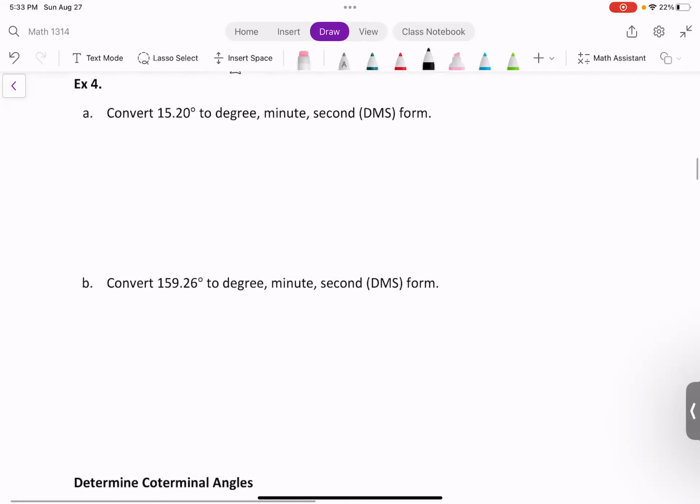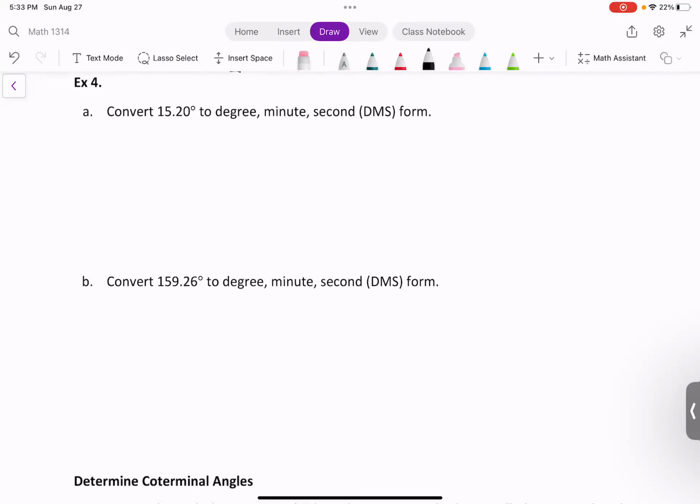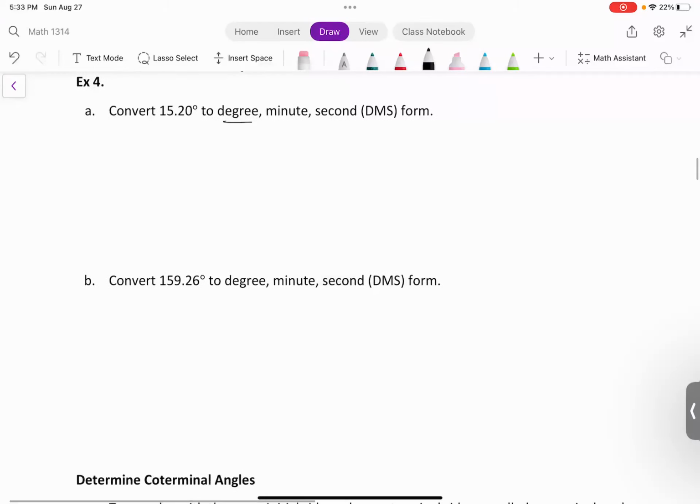All right, let's see number 4. Example 4. Convert the angle to degree, minute, second, DMS form. That means my angle must have a degree, a minute, and a second part. So we already have the degree. I can convert the decimal part to minute and second.